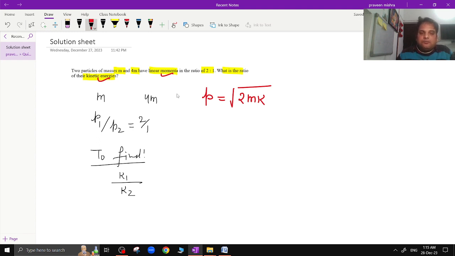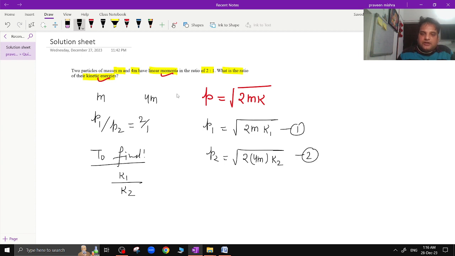Now P1 is equal to root of 2 m K1, where m is the mass of the first particle and K1 is its kinetic energy. Similarly, P2 is equal to root of 2 into 4m into K2. This is equation 1, and this is equation 2.